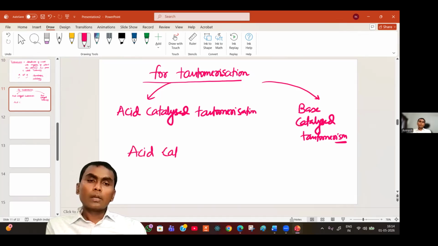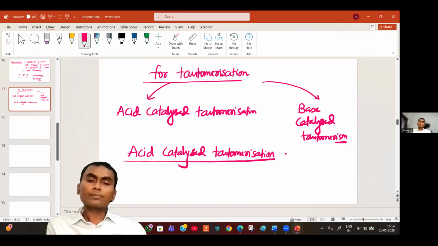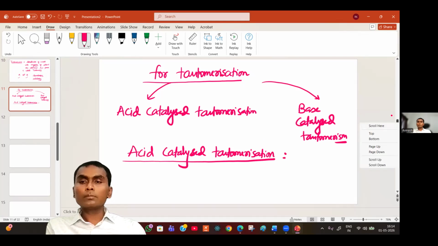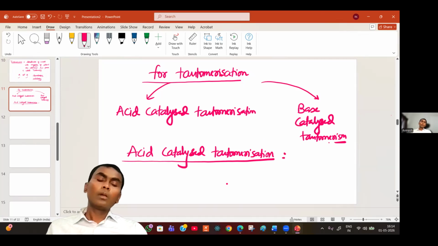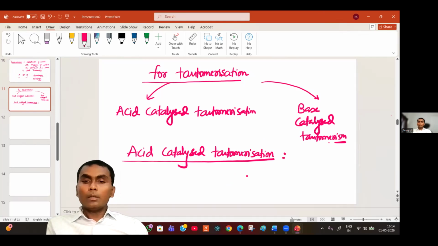See here how acid catalyzed tautomerization occurs.